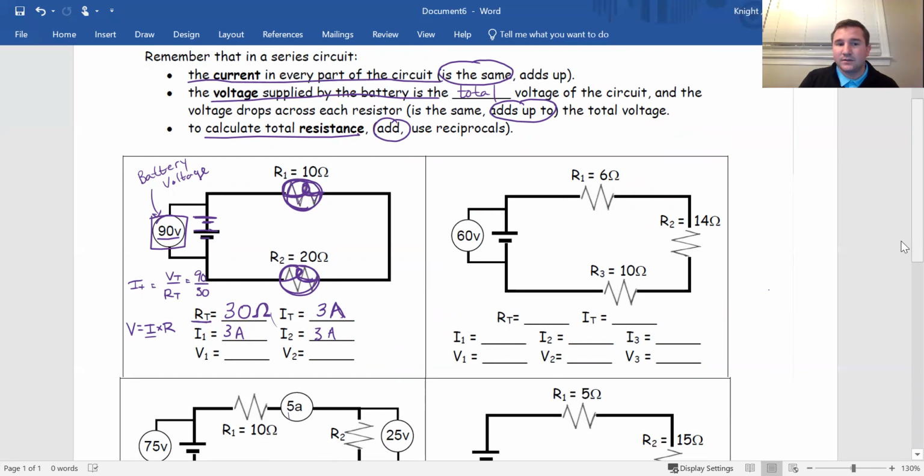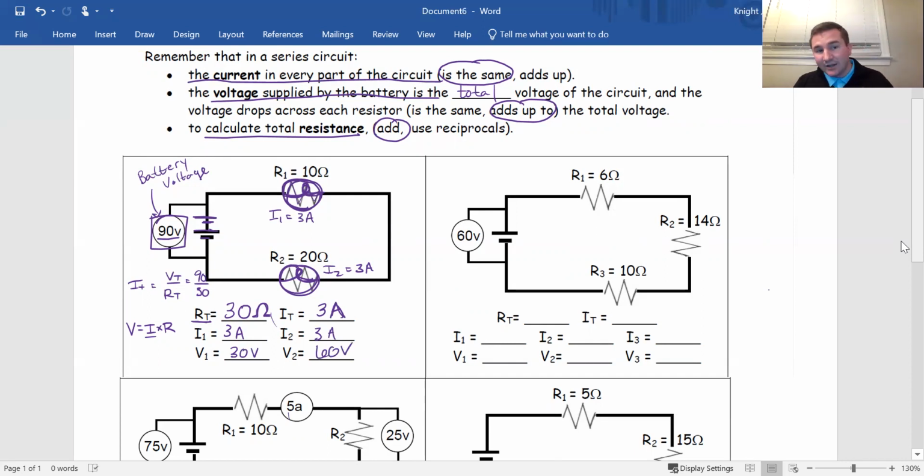And I know what the resistances are. R1 is 10, R2 is 20. So I1 is 3, and I2 is 3. If we want to find voltage, voltage is I times R. So 10 times 3, 30 volts. 20 times 3, 60 volts.